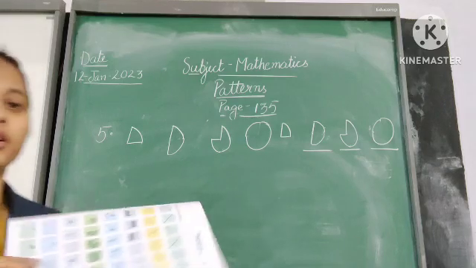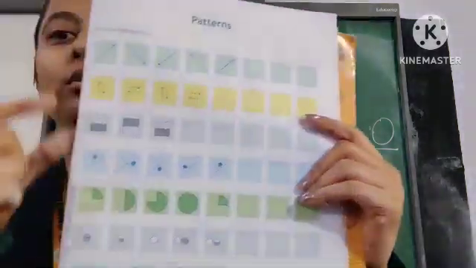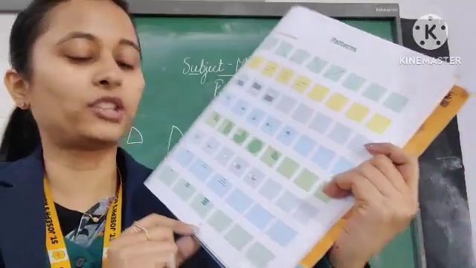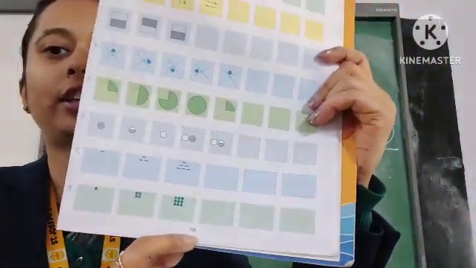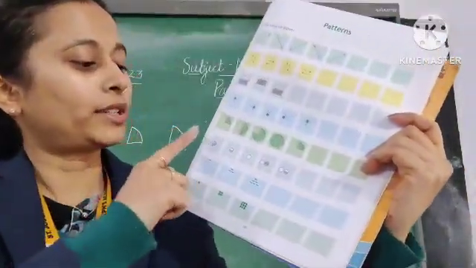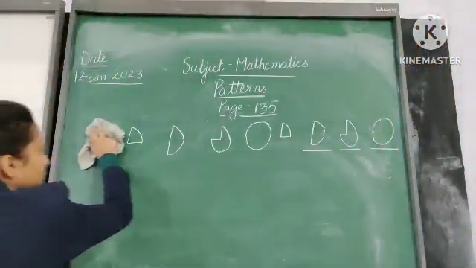Students, we have done questions 1 to 5 given on page number 135 today. Questions 6, 7 and 8 on page number 135 are the homework for you.